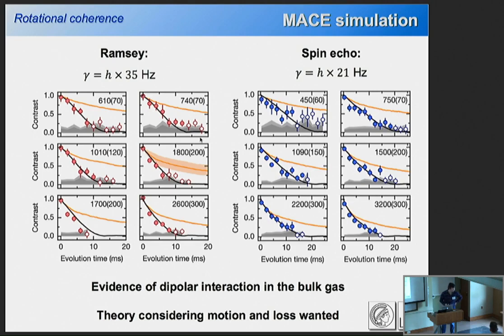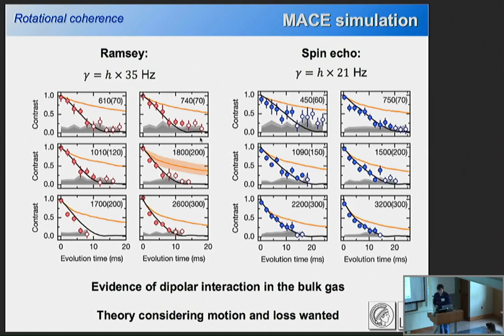So is there any fitting when you do these, or are you using the densities from other measurements? The density is independent from the molecule number, trapping frequency, and temperature measurement. And the only fitting is with the low density, where we get the effective dephasing rate. And we assume just a linear gradient external field. So just a simplified simulation.